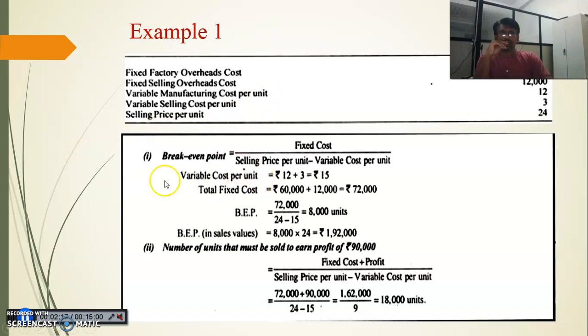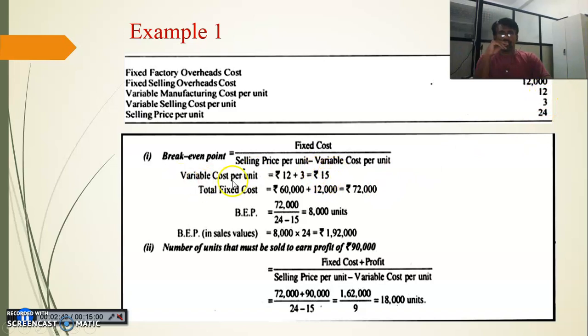Now in this case, the break-even point quantity we can calculate with the formula fixed cost divided by selling price per unit minus variable cost per unit. Now in this case, the variable cost is the summation of variable manufacturing cost plus variable selling cost, that is 12 plus 3, that is 15 rupees.